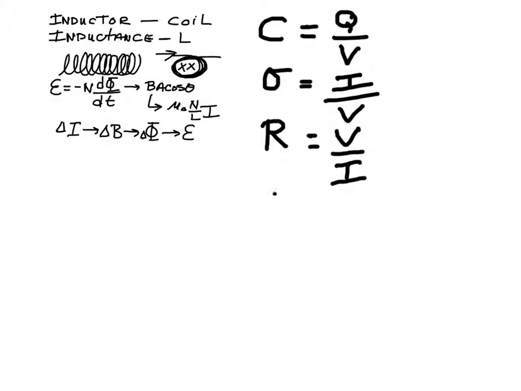So when we come to inductance, since it inhibits a rising or changing current in a circuit, we can think of it as a kind of resistance. And so we'll define it as the voltage across the inductor divided by what causes the resistance, the change in current. Actually, I'm going to change that because the usual way it's written is EMF.